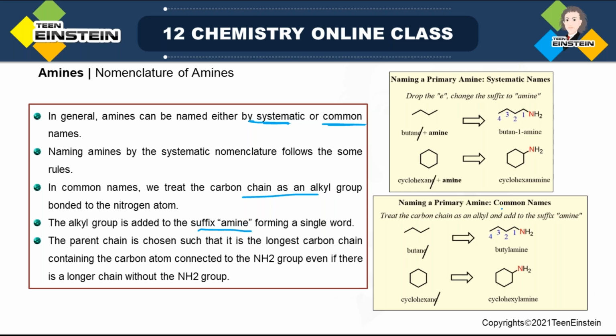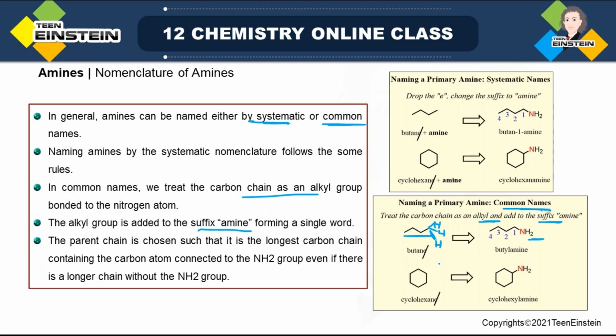So when it is a common name, just consider this picture. You have to treat the carbon as an alkyl and just add the suffix amine. Here we have, suppose, a simple 4-carbon butane chain hydrocarbon. So we write butane. But when any of these terminal hydrogens is replaced with an NH2 group, the structure is like this, but with 4 carbons.